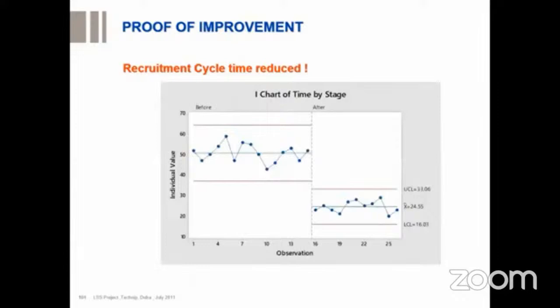You can see the control chart before and after. This is the chart which every department head or CEO wants to look at. There is a statistically significant difference between the two. It has not happened just by chance. You took efforts, and systemic change has happened, brought by the green belt or black belt. This is how a project is done.